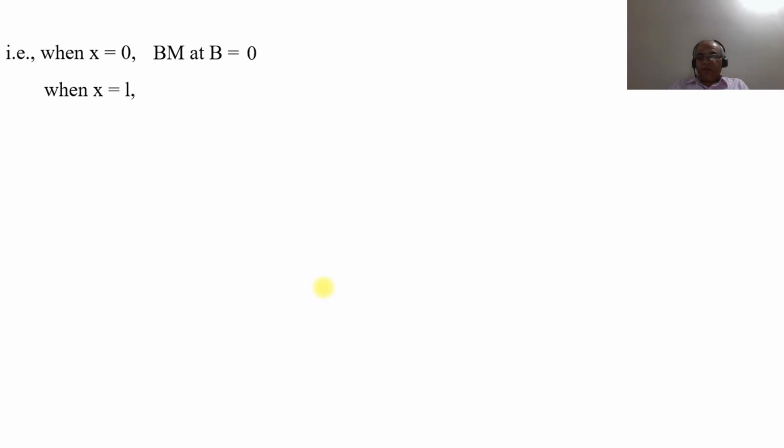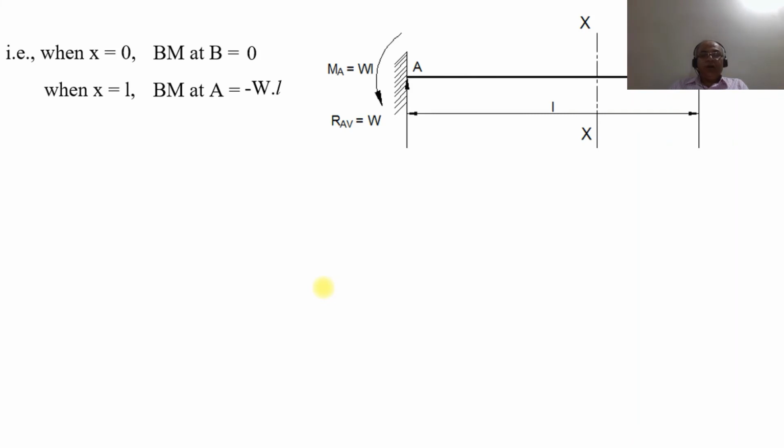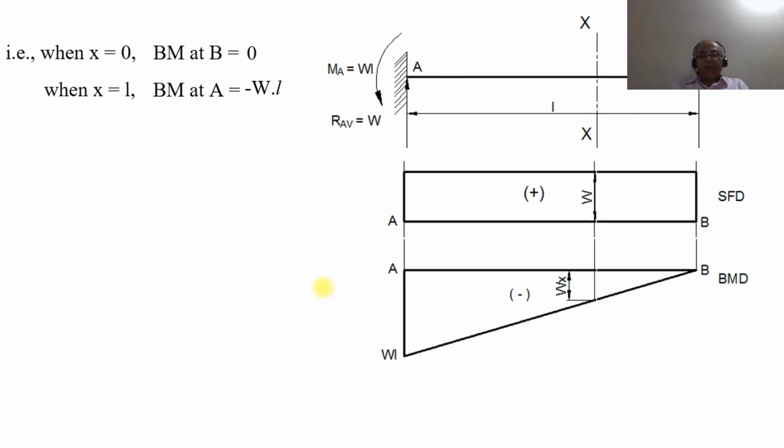Similarly, when x is equal to L, the bending moment at the point A will be equal to minus W into L. When you plot this, the bending moment at the point B is 0 and at A it is minus W into L. As the power of x is equal to 1, the variation between the point B and this point, WL, will always be linear, which is a straight line.